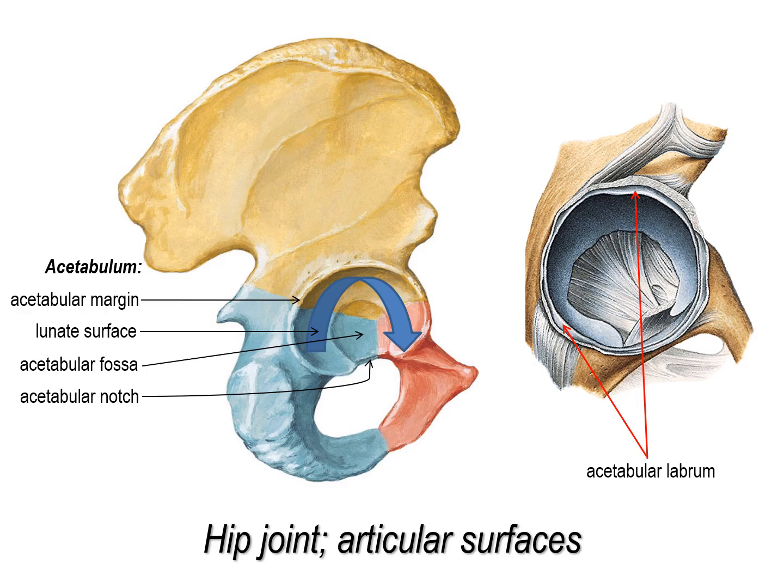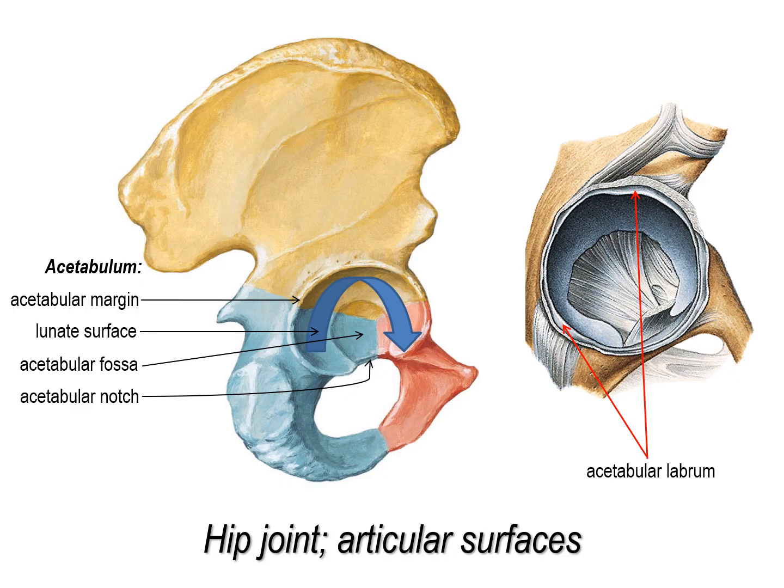As I said before, the acetabulum is located at the lateral surface of the middle constricted part of the hip bone. It presents four features. The peripheral border is named acetabular margin, a horseshoe-shaped lunate surface.